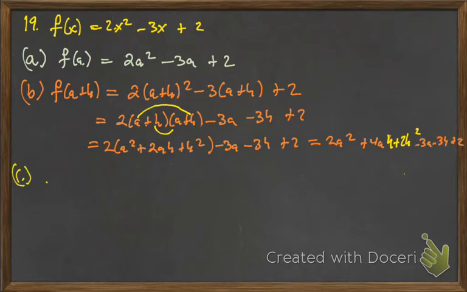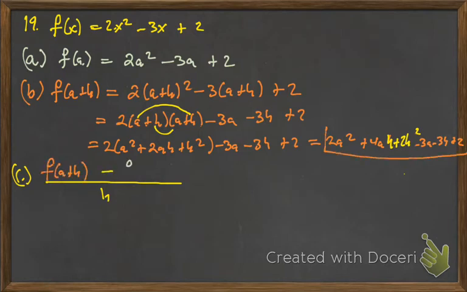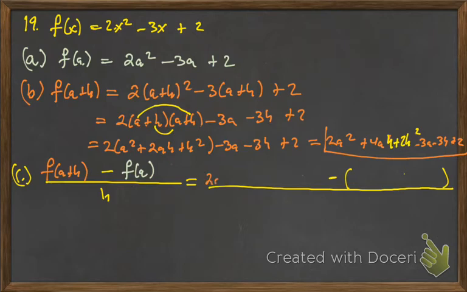And finally, we'll put it all together in the difference quotient. So it'll be f of a plus h minus f of a all over h. So we already found f of a plus h is that mess, 2a squared plus 4ah plus 2h squared minus 3a minus 3h plus 2.